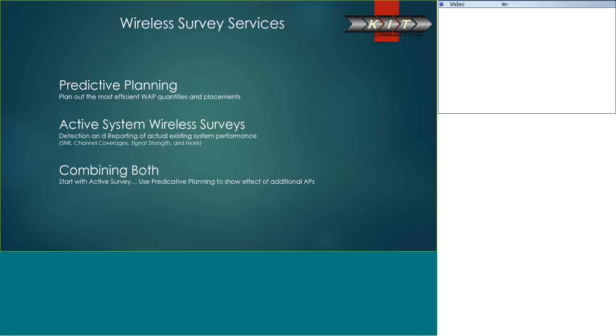So what we would typically do is combine both. If it was a new deployment, we would come in, do a predictive planning survey. That would give you your quantities and initial placement of APs. We would then come in and install the system. Once the system is up and running, we come in and do an active survey. We would see if the predictive plan matches up with the active end results.